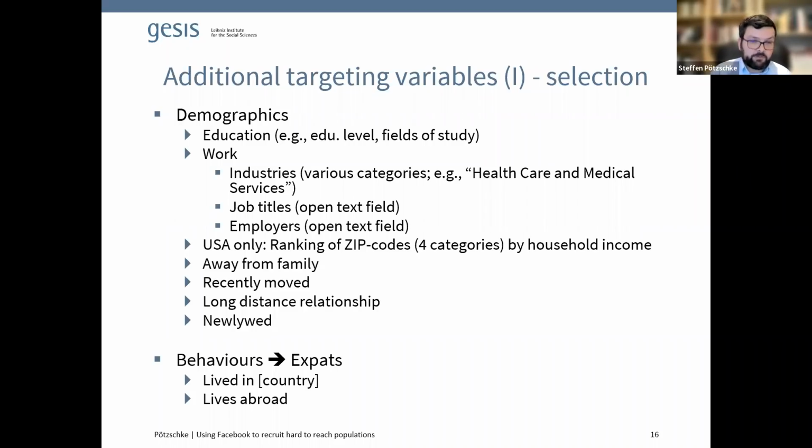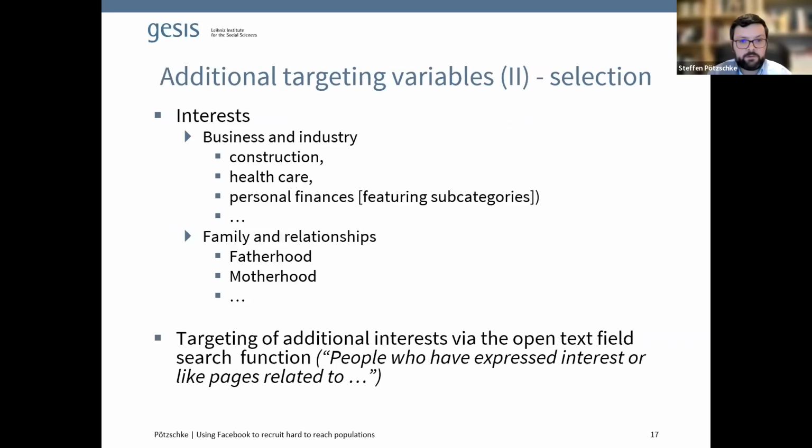This variable, as the name suggests, is assigned to people who lived in a specific country. And besides that, we have a more general lives abroad variable, which is assigned to people who are not living in their country of origin, according to the information that Facebook has and analyzes. And again, we do not really know who goes into which category. That's kind of a black box.